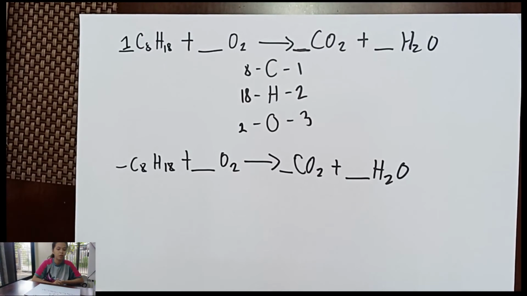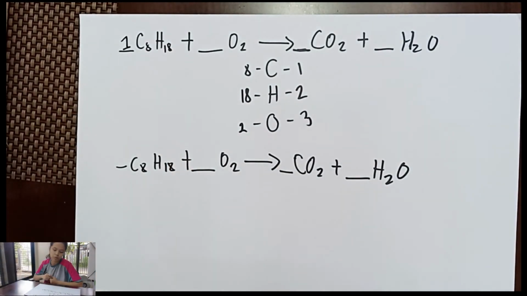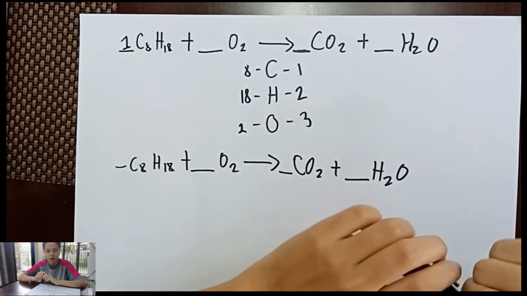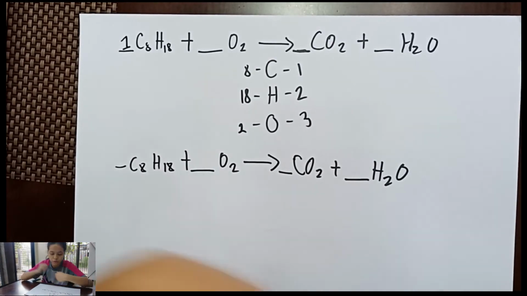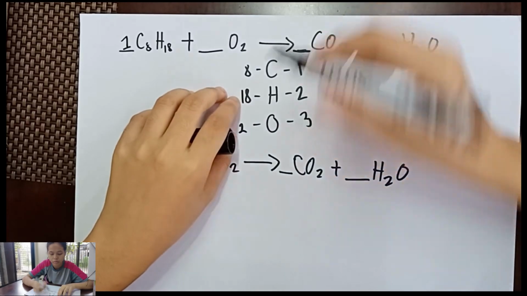Since I have now put a coefficient to hydrocarbon, I'm going to balance the number of atoms on the other side. So octane has carbon and hydrogen. I'm going first with the carbon. Carbon on our reactant has 8 atoms, while on the product it is 1. So I'm going to get a number that when multiplied to 1 will give me 8.